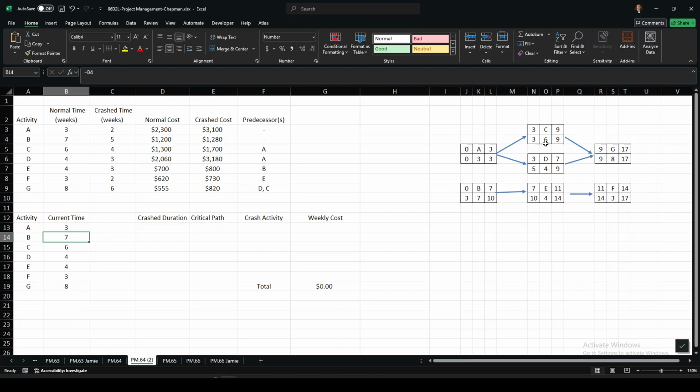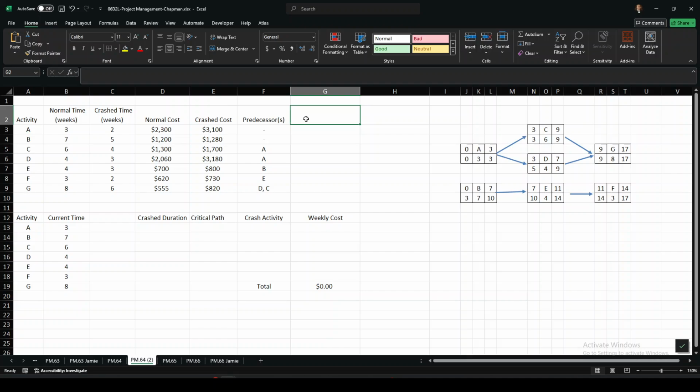And now, if you do the original mapping of the project, A is 3, B is 7, and I'm looking at these normal times and making sure these normal times for each activity are correct. C is 6, D is 4, E is 4, F is 3, and G is 8. Okay, so this is our original configuration.